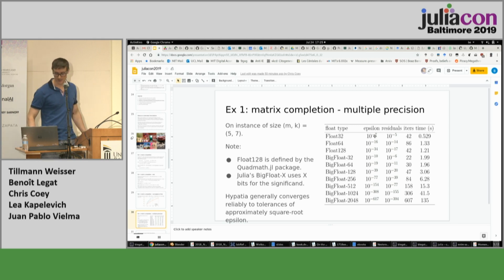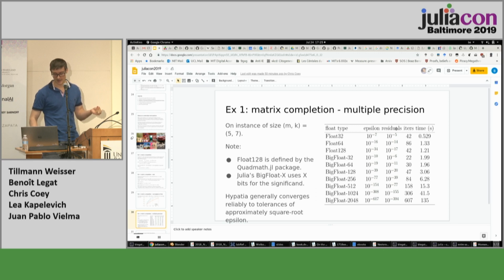what I have is the name of the float type, and Float128 comes from a package called Quadmath. There are different options for Float128. We have the epsilon. If you call eps of the type, that's what it gives.